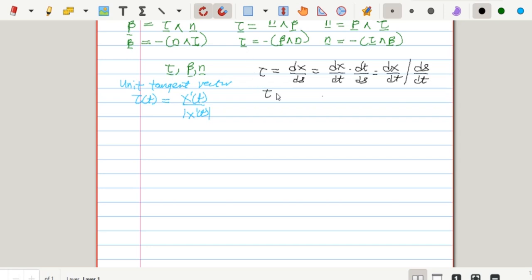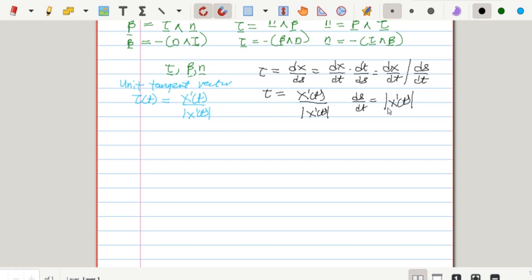So we could see from here that tau is equal to x prime with respect to t divided by the modulus of x prime of t, because ds over dt is equal to the modulus of x prime of t.